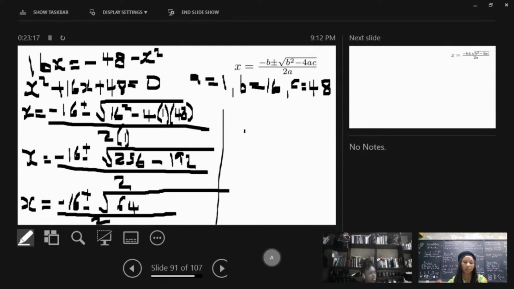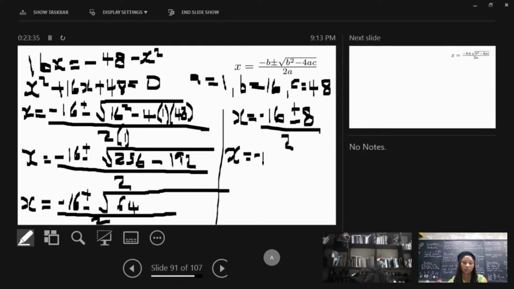So x is equal to negative 16 plus or minus 8 over 2. So x is equal to negative 8 over 2.